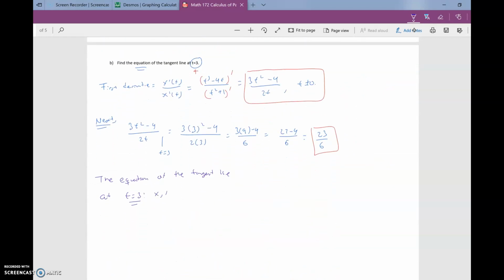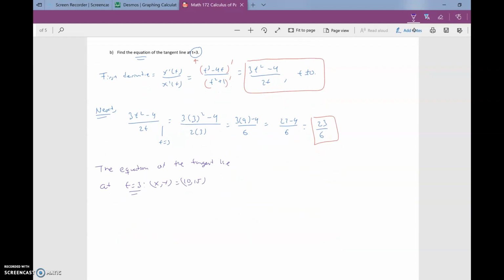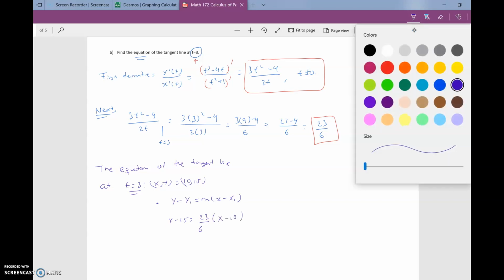So your x and your y is equal to 10 comma 15. So one way to rewrite this is going to be y minus y1 is equal to m times x minus x1. So y minus 15 is equal to 23 sixths times x minus 10. This is the equation of the line.